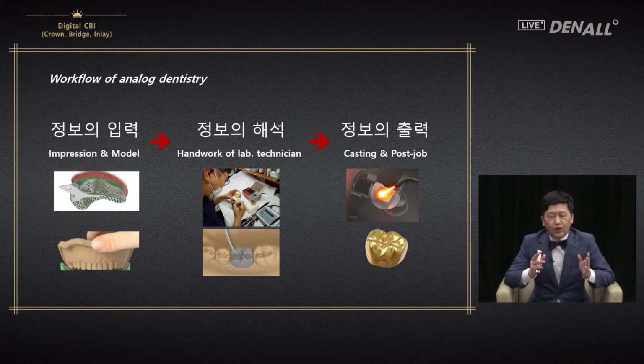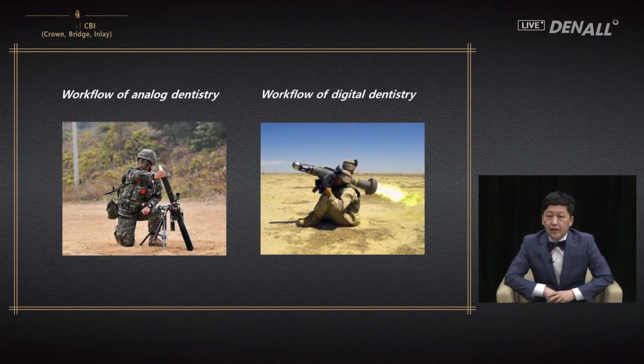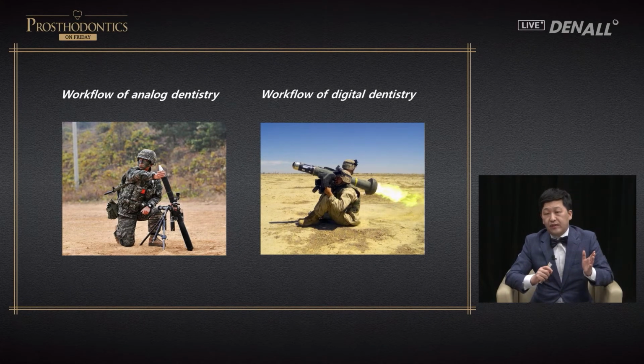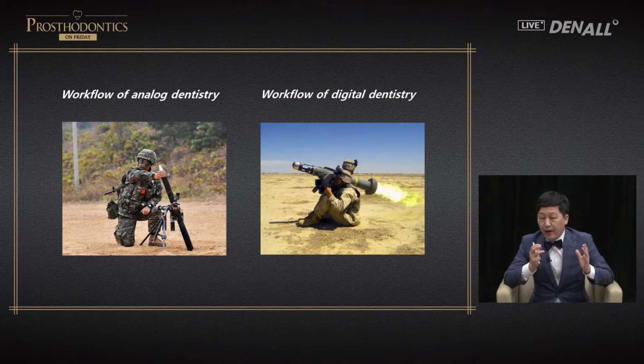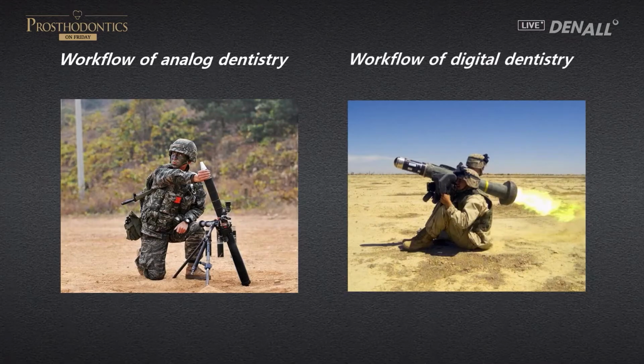So I've thought long and hard about how to provide an intuitive visual example which compares analog and digital prosthesis. On the left is analog dentistry, the mortar, and on the right is digital dentistry, the missile. When you look at war movies, the scout reports on target position, and once this is received, the main camp shoots at the target.